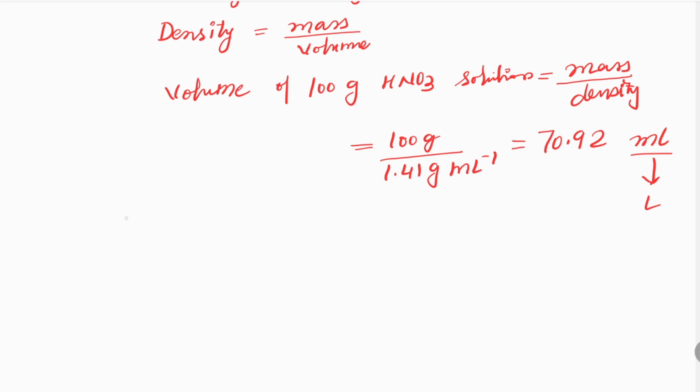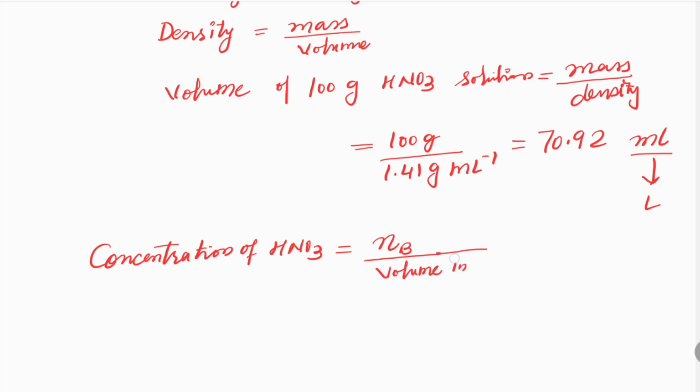So we have to calculate the concentration of nitric acid, which is number of moles of nitric acid divided by volume. That should be in liters, but over here it is kept in milliliters. So we are going to divide this milliliter by 1000 to convert it into liters. Nb into 1000, that 1000 goes from denominator to numerator, volume in milliliters.